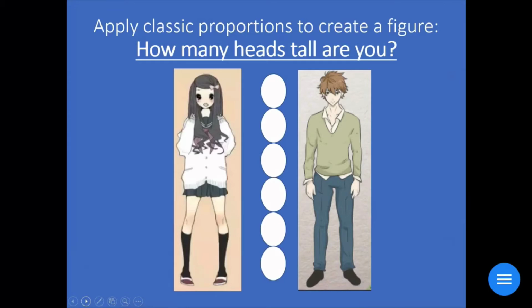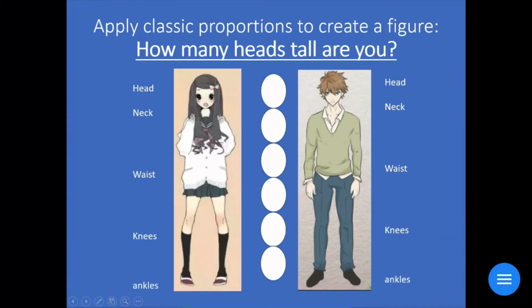So if we were to take these two anime characters, you can see that they are both 6 heads tall, with a few things being common here. Of course, your head would be the first head measurement we would use. Then, of course, underneath it's your neck.